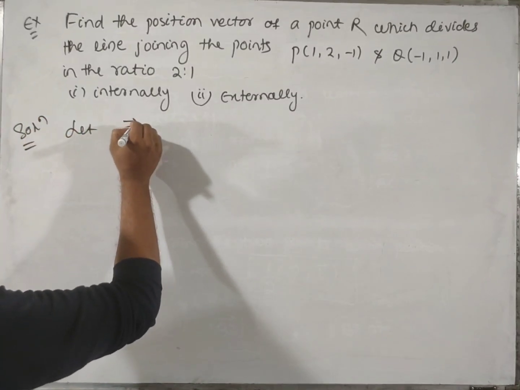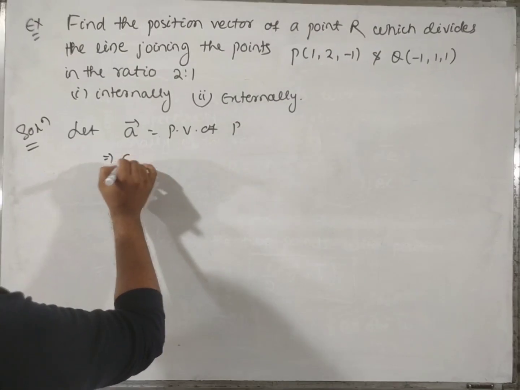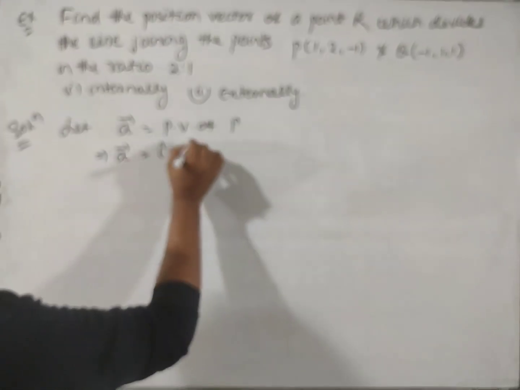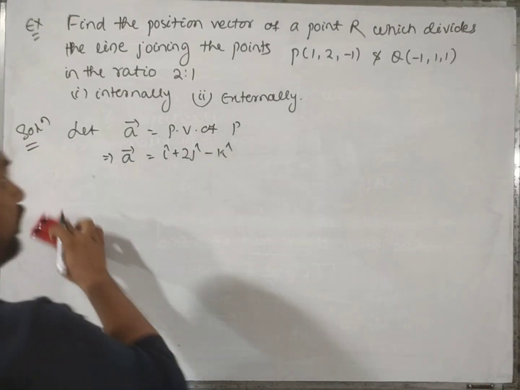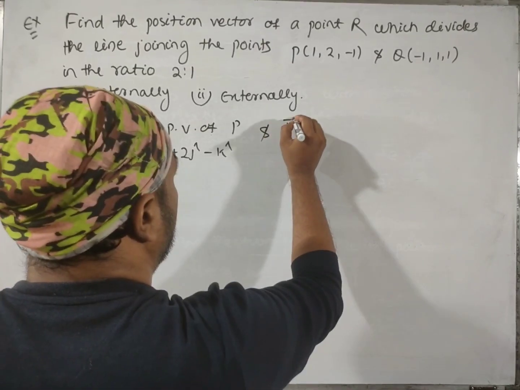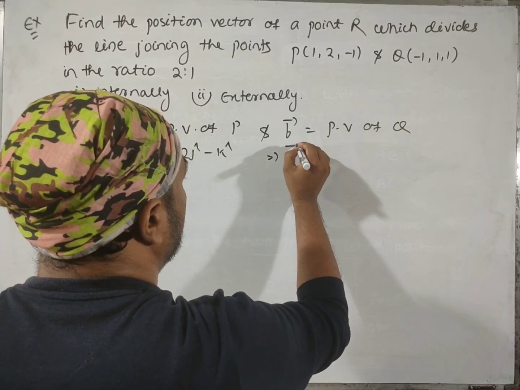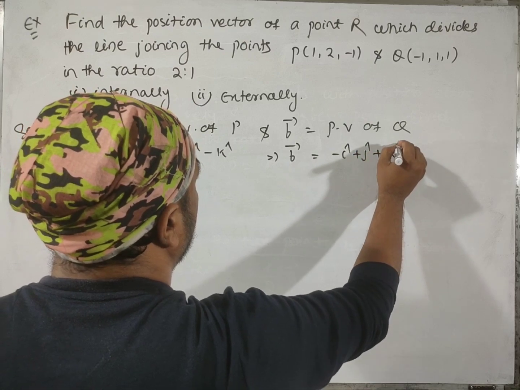Let A vector be the position vector of P, that means A vector is equal to i cap plus 2j cap minus k cap, and B vector is equal to position vector of Q, that implies B vector is equal to minus i cap plus j cap plus k cap.